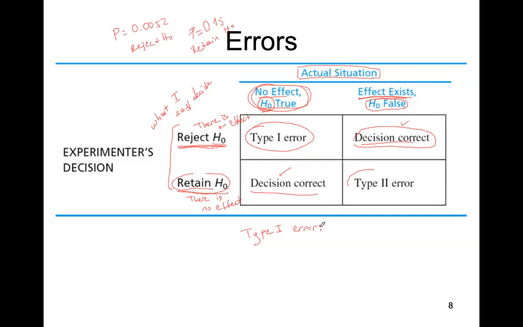In the diet situation or in the health situation. You're writing, I guess. Yes. So my hypothesis says that this drug doesn't affect.